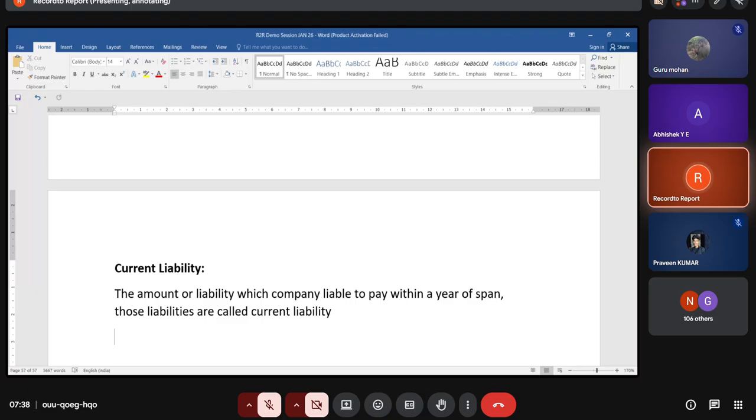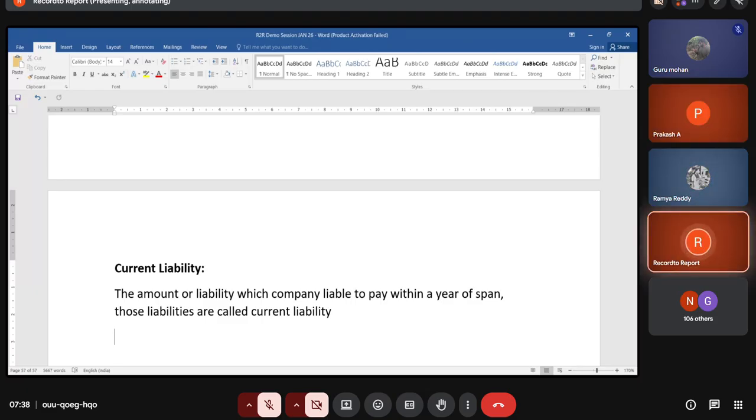No, every 1 year. Accrued wages, accrued internet charges, every expense has to be paid within 1 year, but we are not paying in the same month. That is the reason we need to treat this as a current liability. Yes, understand?